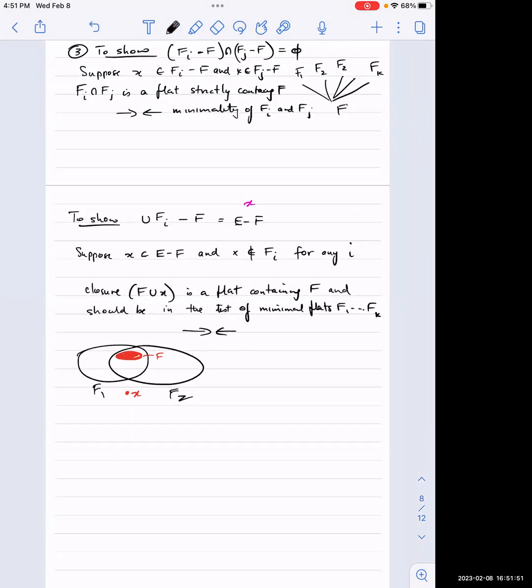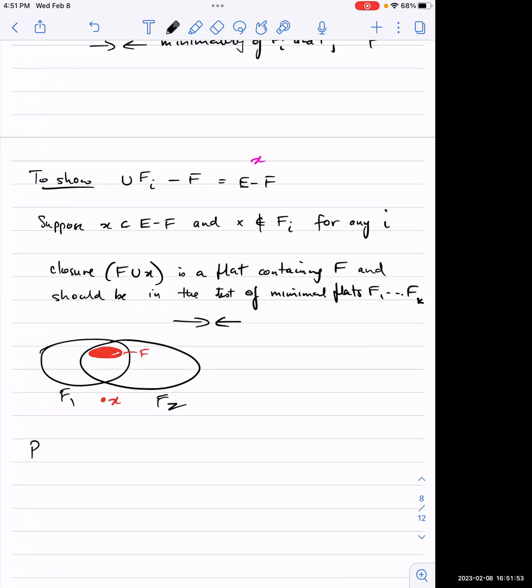So proposition 14: the independence axioms are equivalent to the flat axioms. I think one direction is done in all the things. It's the other direction that requires some work.